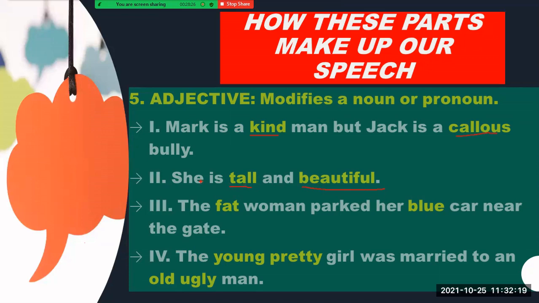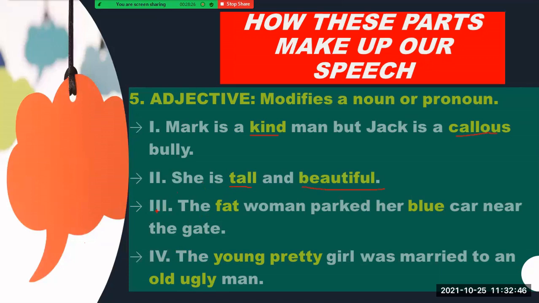With adjectives, you can describe someone's appearance, their behavior, their actions, a whole lot of things about a person. So it's one important part of speech that helps us to communicate our ideas clearly.